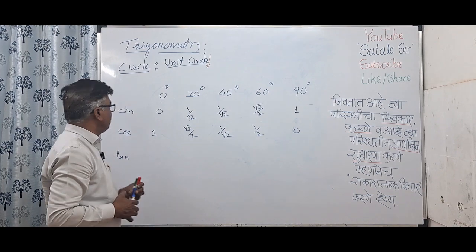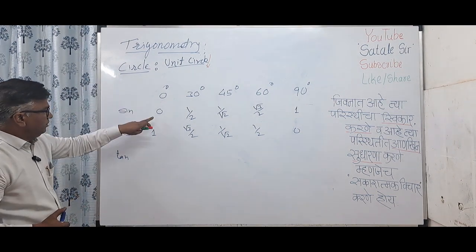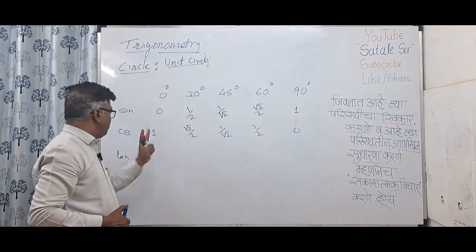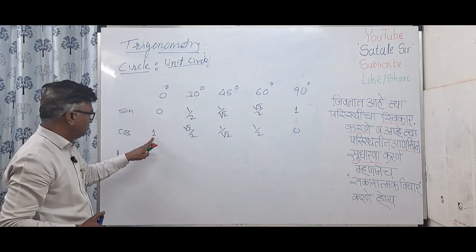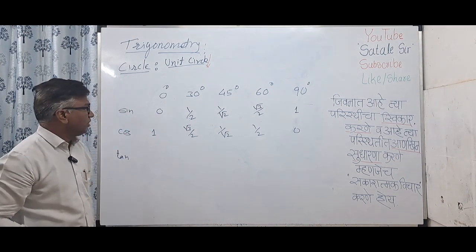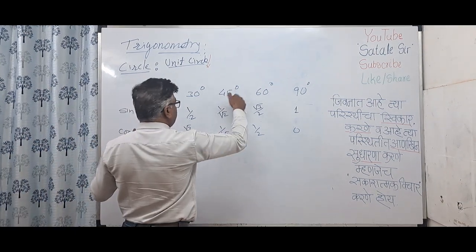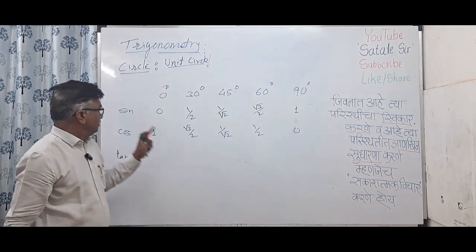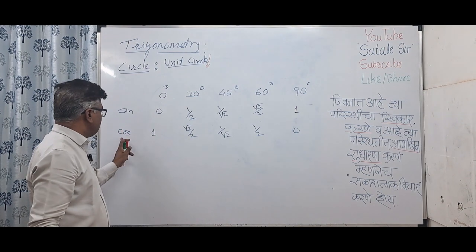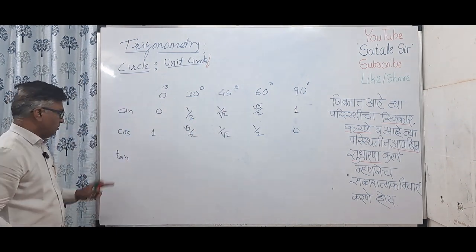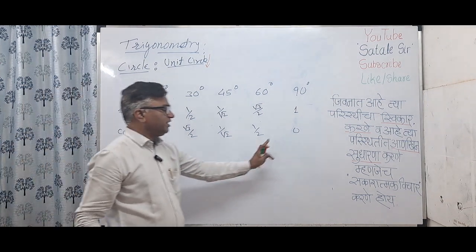Now the meaning is sine of 0 is 0, sine of 30 degrees is 1 by 2, whereas cos of 0 is 1 and cos of 30 is root 3 by 2. You will find here that at 45 degrees the sine and cos are the same, and it is 1 by root 2.